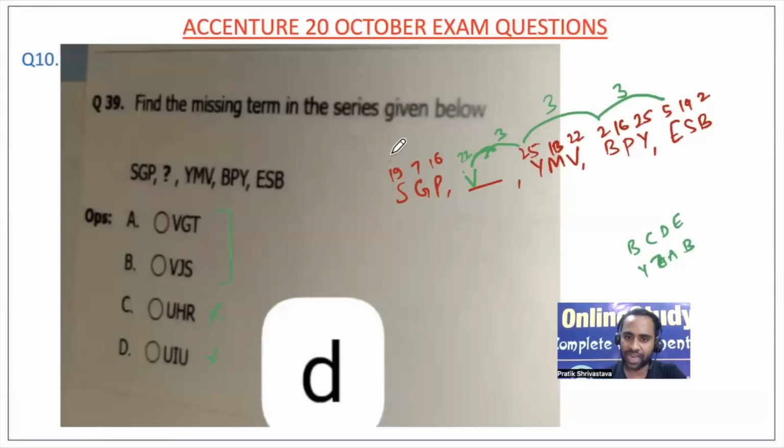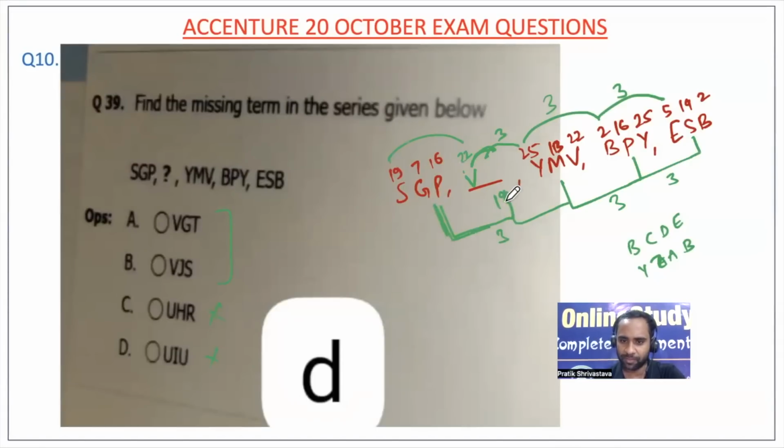So 19 plus 3 is 22, 22 plus 3 is 25, 25 plus 3 is 2, 2 plus 3 is 5. Then we will take the middle letter. So 13, 16 and 19. That means a gap of 3. I think every letter is having a gap of 3. So G is 7.